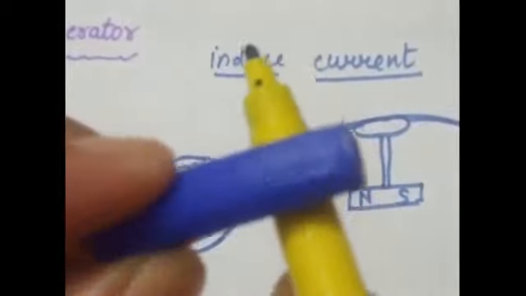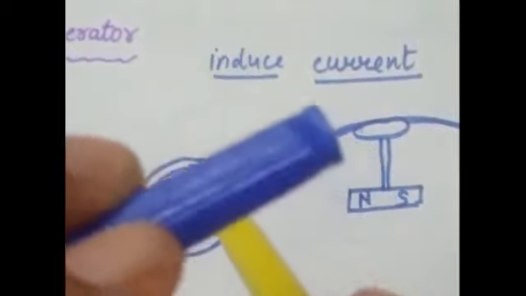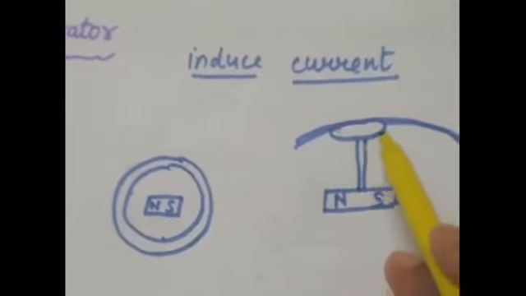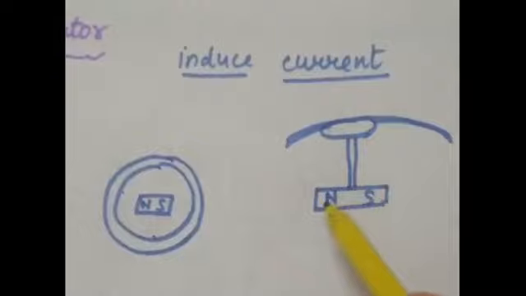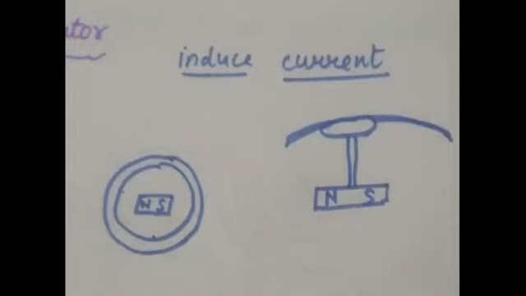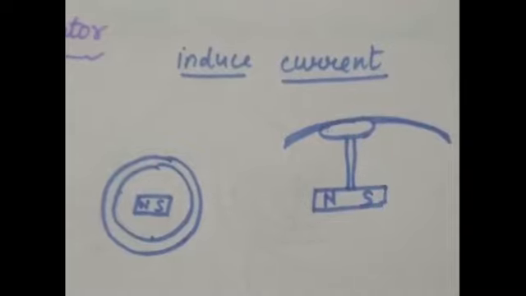When something rotates, this will also get rotated. So this happens in the case of a bicycle. When this rotates, the magnet moves, and because of the bar magnet moving, the magnetic flux linked with the coil changes, because of which the current is induced in the coil. The speed of the bicycle will decide how much current will be induced in the coil. So this is how a very simple DC generator, or you can say the dynamo, works.